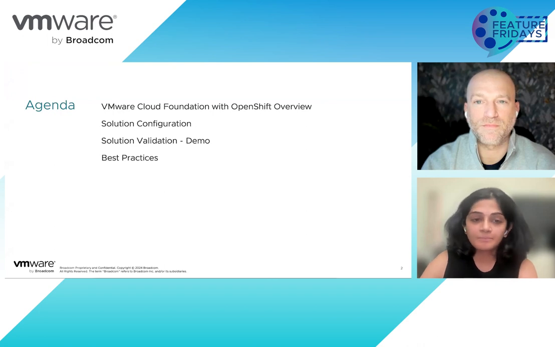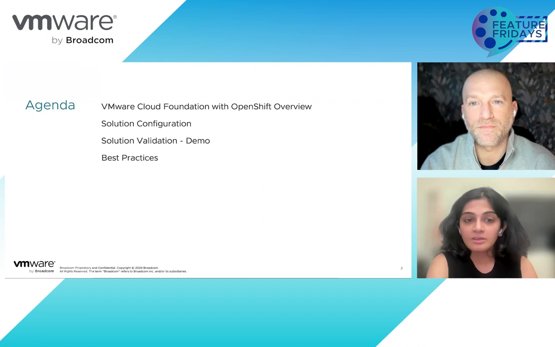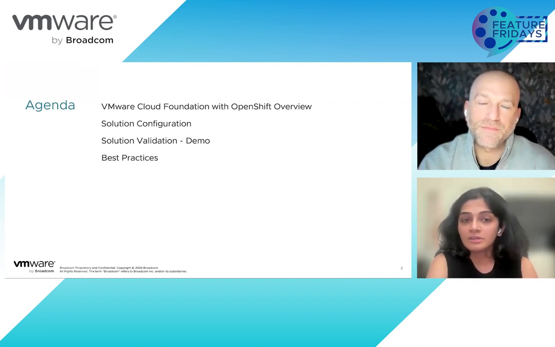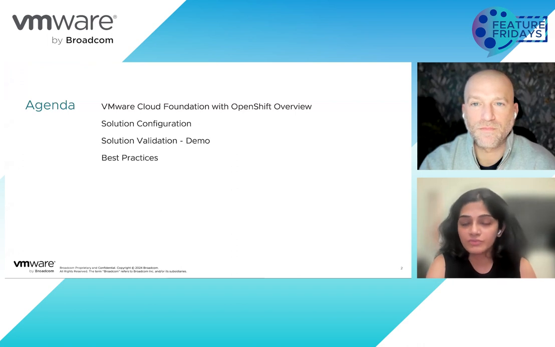So, number one, if you are deploying OpenShift on bare metal, chances are customers are over provisioning their infrastructure and spending a lot of cost running heavy clusters in anticipation that the traffic will be high. With VCF, we get the ability to start small and then scale up as and when we need it, and scale down as and when we need it.